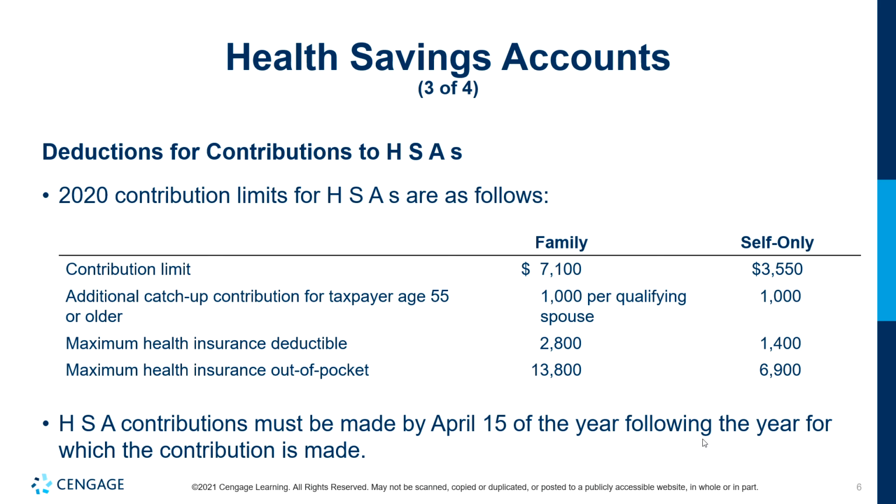Now, contributions must be made by April 15th of the year following the year for which the contribution is made, unless there is some extension that the IRS allows. So, yes, if you're in, let's say, March right now, you still can make contributions to the HSA and be qualified for the 2020 tax return.